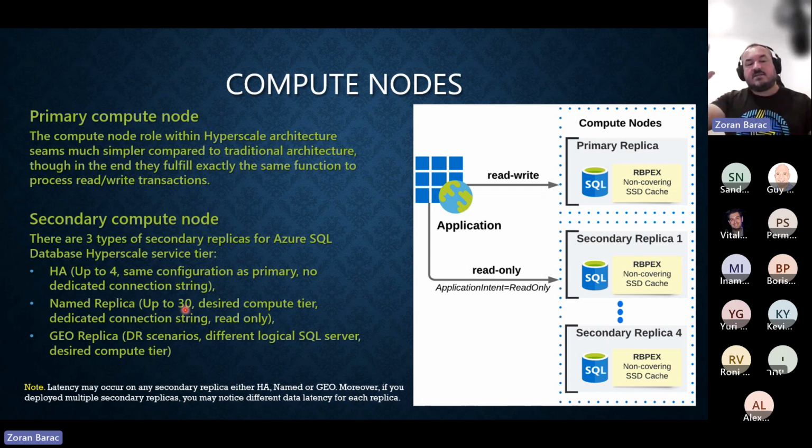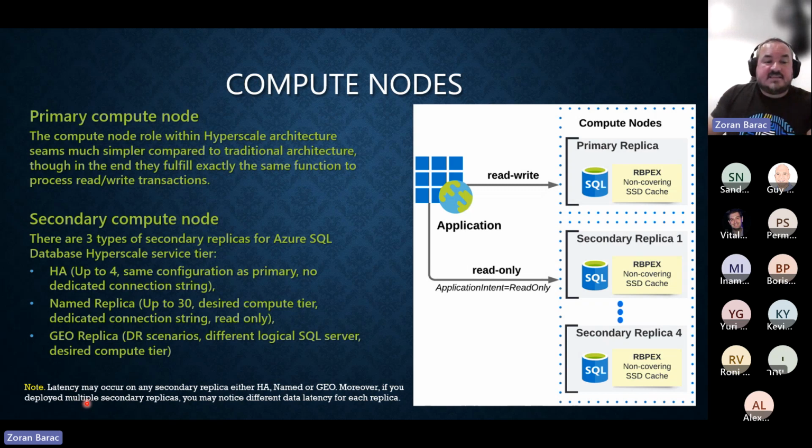You can give them different nodes with async data directly from production. And you have a geo replica, which is for a DR scenario. So obviously, when you deploy, you need to deploy to a different logical SQL server, a different region, and you can change the compute tier as well.